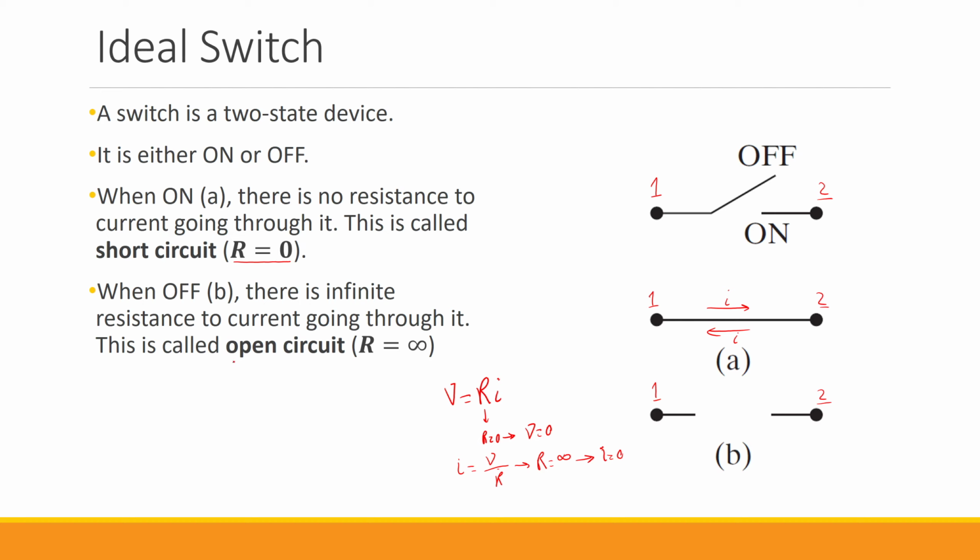When the current is 0, we say that it is open circuit or an infinite resistance. So this is how we can use Ohm's law to describe what happens for an ideal switch. In a later lecture, you will see how we will use ideal switches.